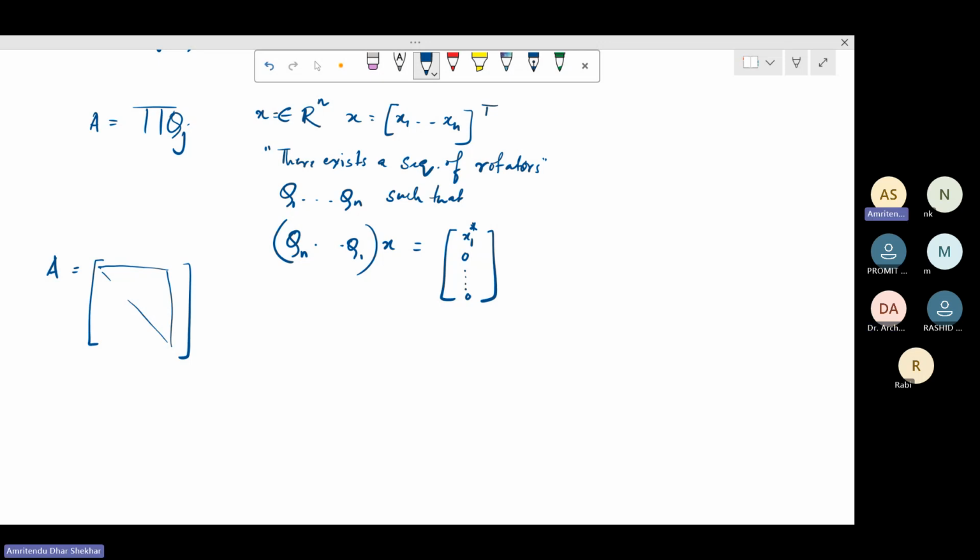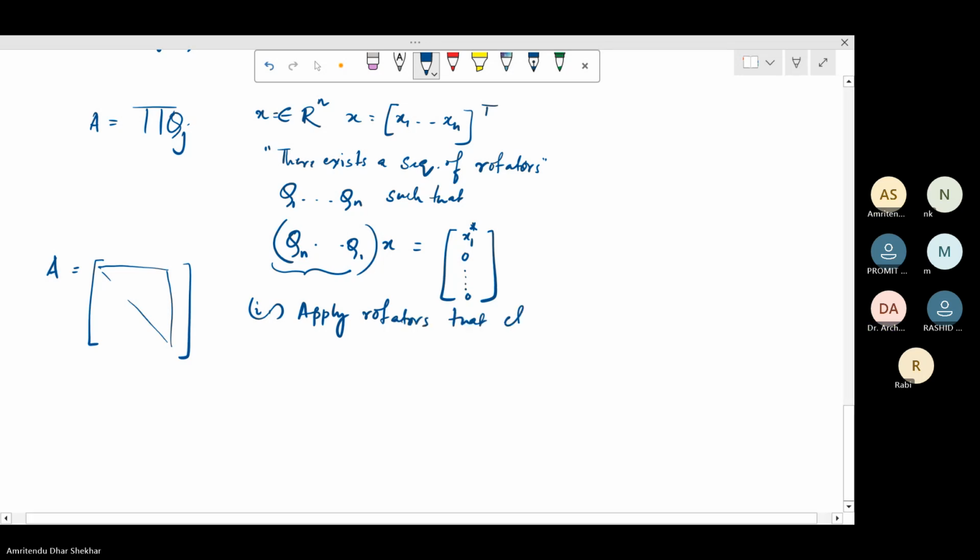So the way to do it is that you first apply a sequence of rotators that changes the first column into this form.